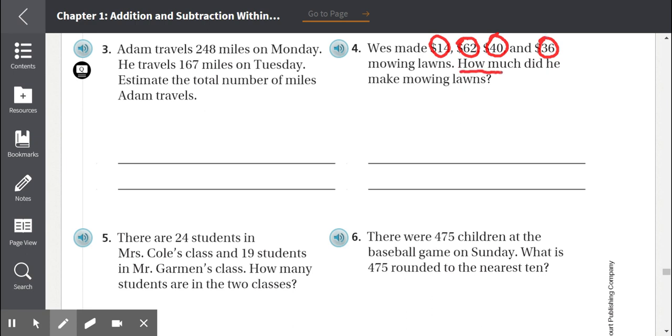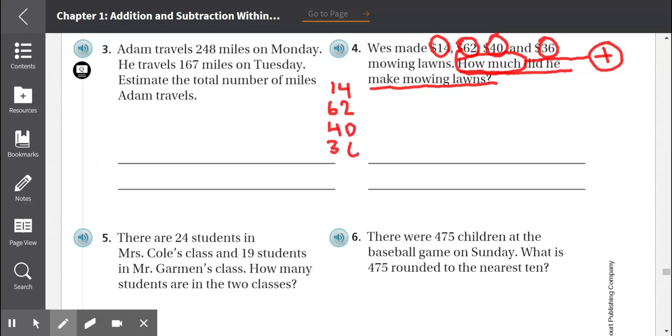Now we underline our question: how much did he make mowing lawns? Now we know how much means to add. So I put a plus sign here because we know we're going to be adding. So let's start adding. 14 plus 62 plus 40 plus 36.